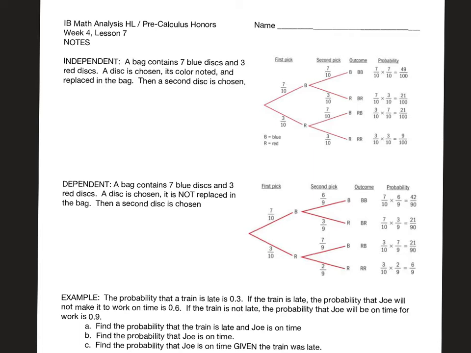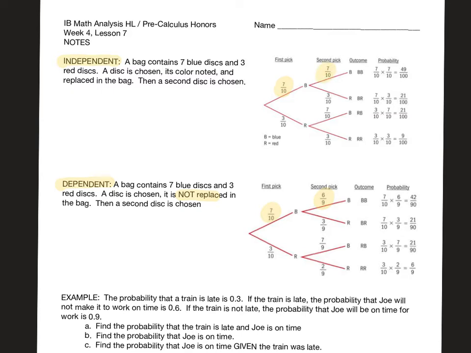And you can also see the difference between what an independent one looks like, meaning that each branch looks the same as the previous branches because nothing has happened previously to change the subsequent branches, right? Whereas here, the one that's dependent, since it's not replaced, notice that this fraction, let's say, is different than this fraction. Whereas on the top one, you can see that these are the same.